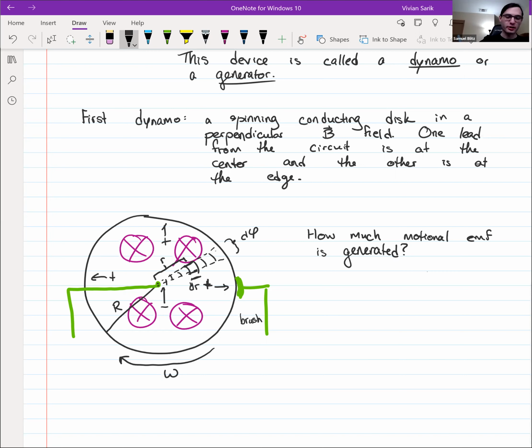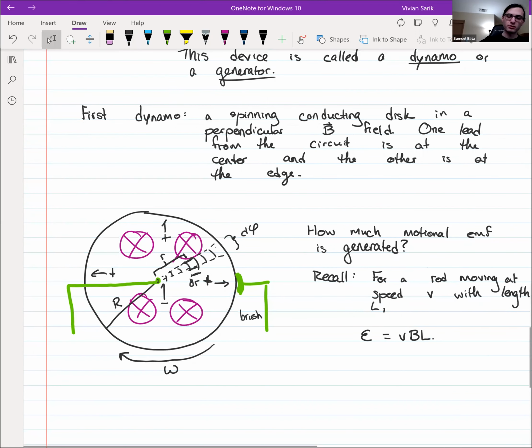So for a small chunk, recall that for a rod moving at speed v with length L, the induced EMF was vBL.